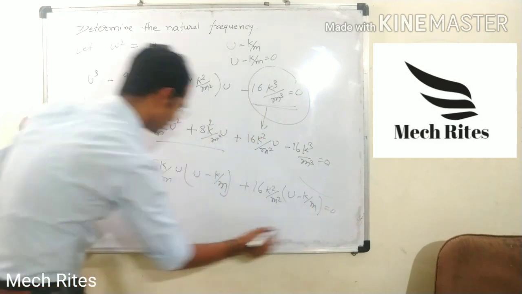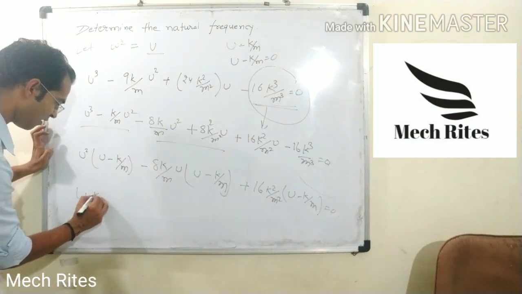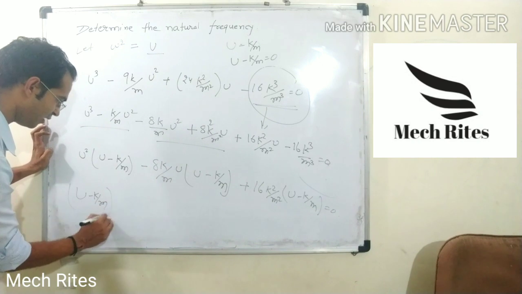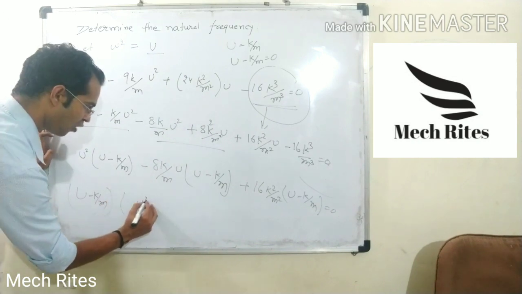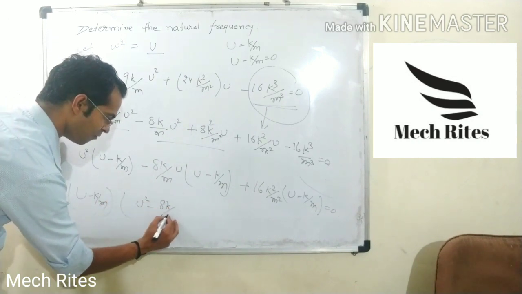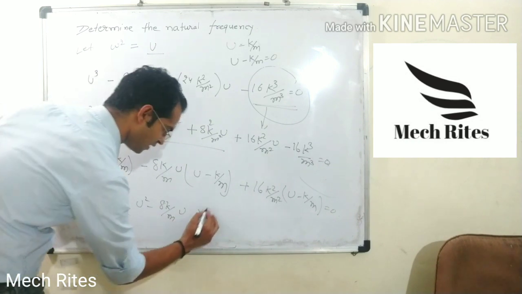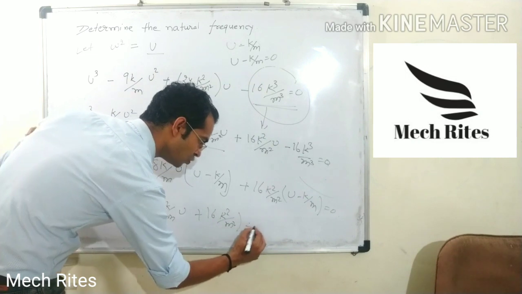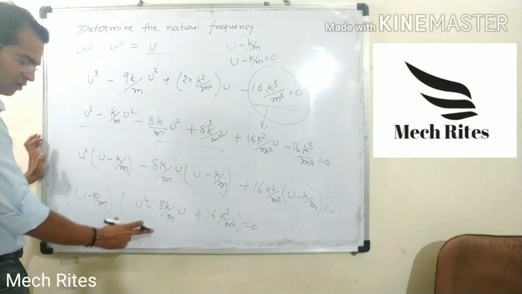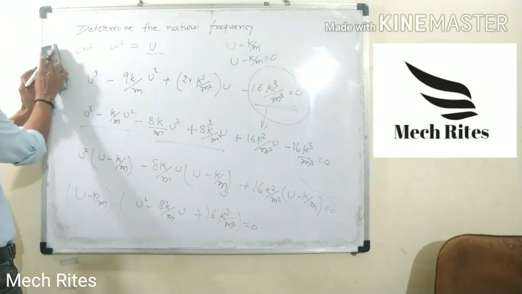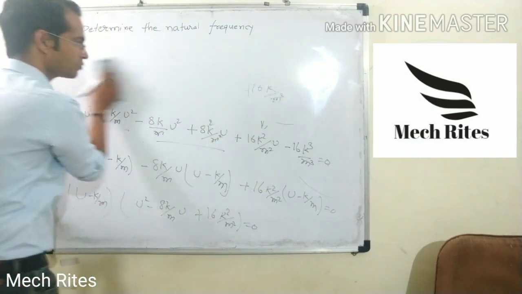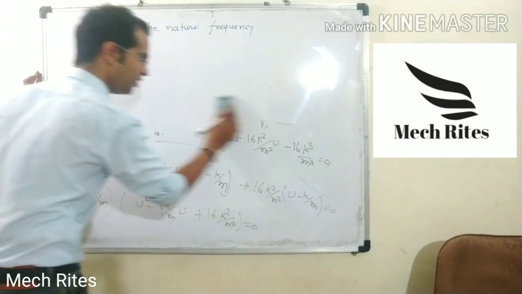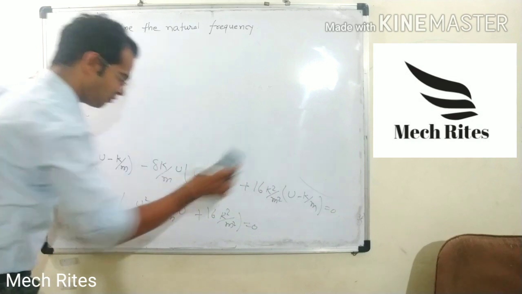It will be 0. So the final answer will be u minus k by m, taking common from all the parts: u square minus 8k by m u plus 16 k square by m square equal to 0. Now anybody can solve this problem. So we have one value of u already. Now how to solve for the next value?